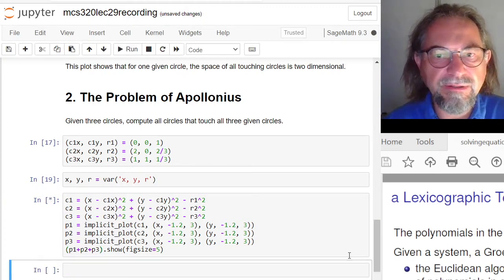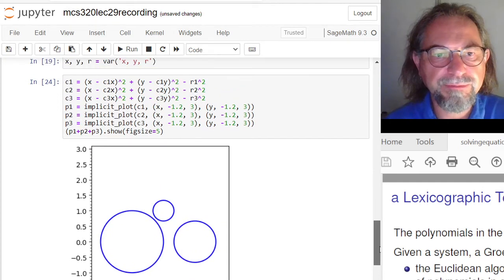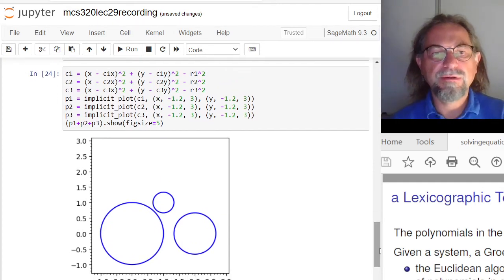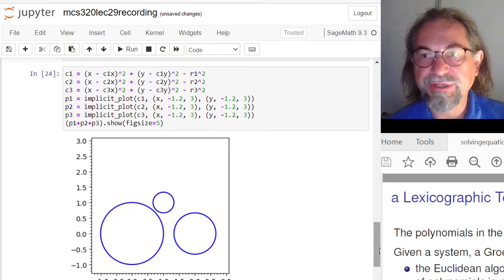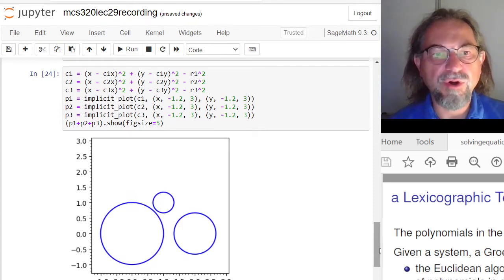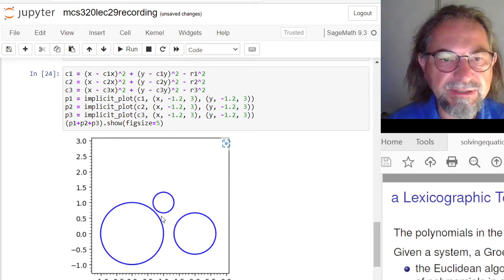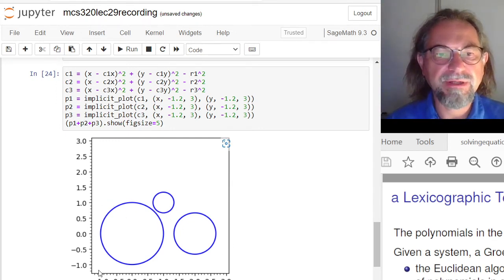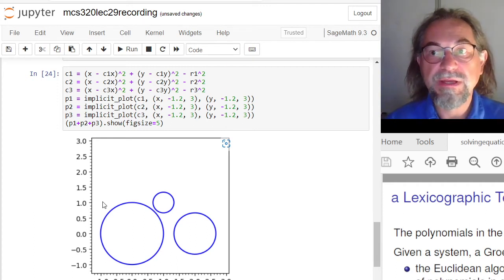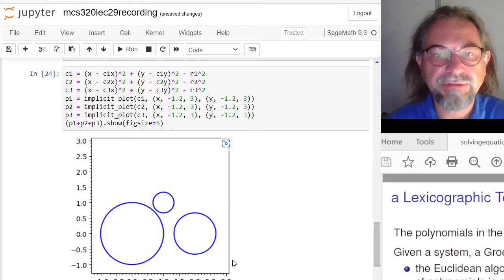So here is then the representation of the input. 3 blue circles. And if you remember the presentation from the slides, there is one small red circle, which you would draw around in the center here. And there is one big circle.